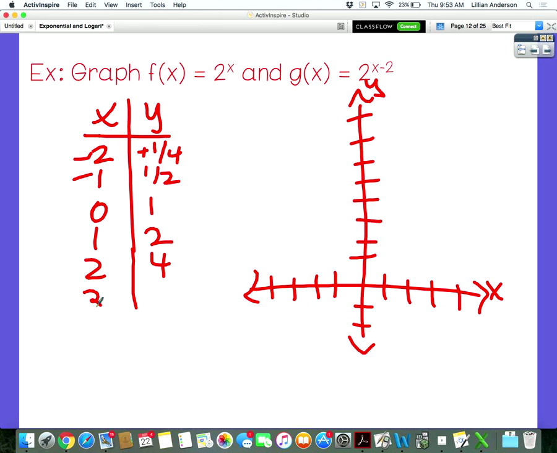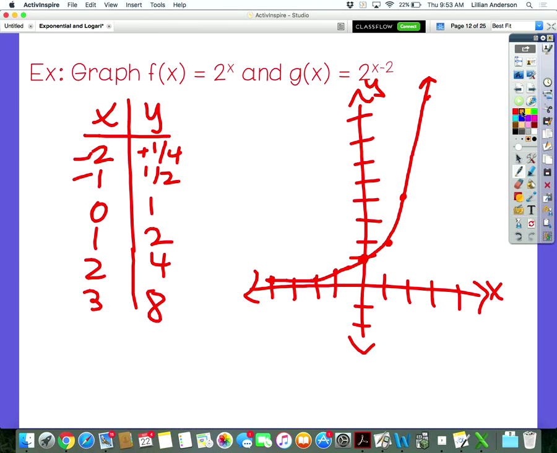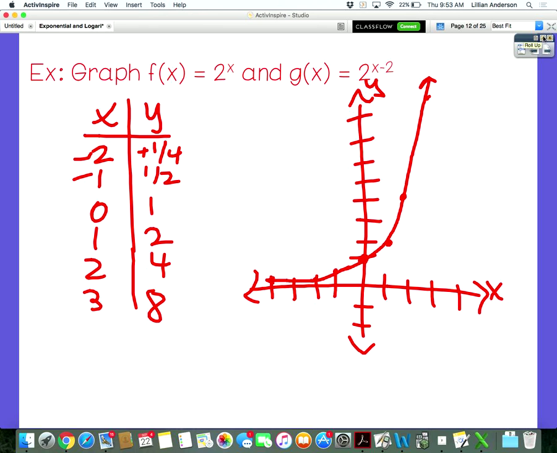I can even go up a little bit more, 3, 8. I'm going to move every single one of these points over to the right 2 units. So this one gets moved over to the right 2. This one over here, right 2. Right 2.